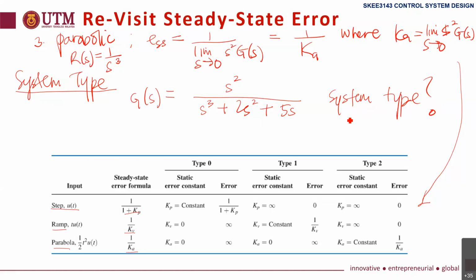What is the system order? For this transfer function, what is the system order of this transfer function?